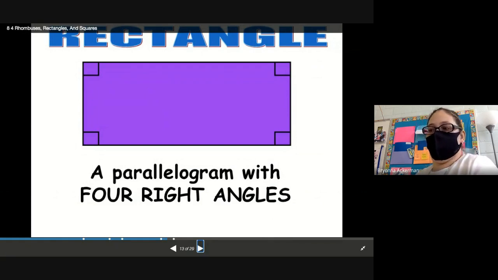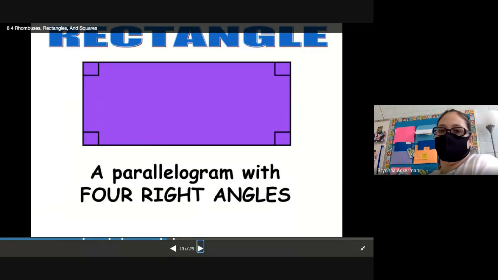And right angles mean what? 90 degrees. Good. So are opposite angles still equal, like a parallelogram? Yeah. And are consecutive angles, or adjacent angles, do they still add up to 180? Yes. The difference is they are now all 90.